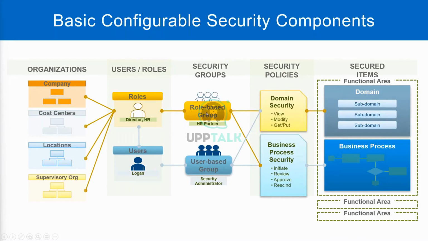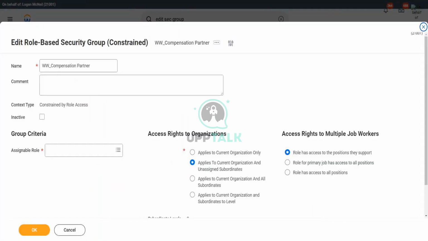So what is the role-based security group associated with? The role, right. On one hand, it is associated with the role. And on the other hand, it is given certain permissions in the security policies. So let's go back to this.